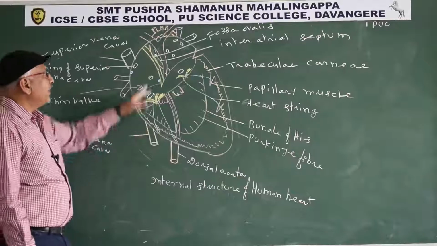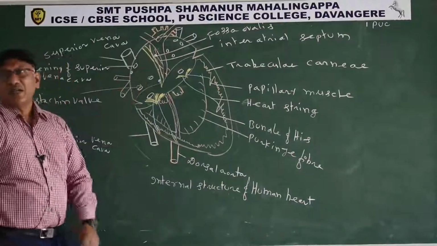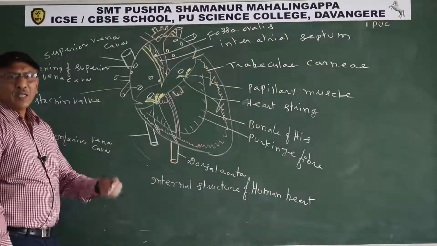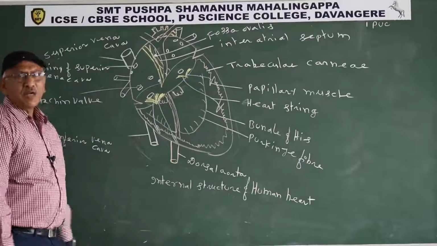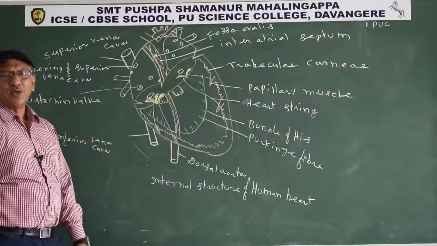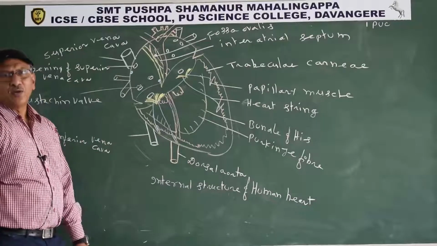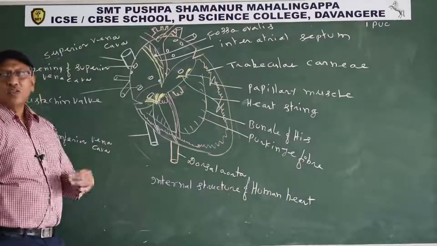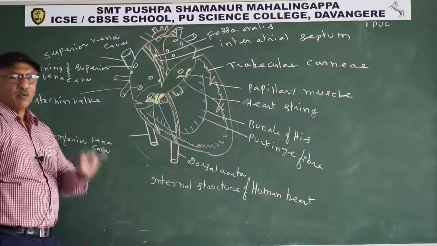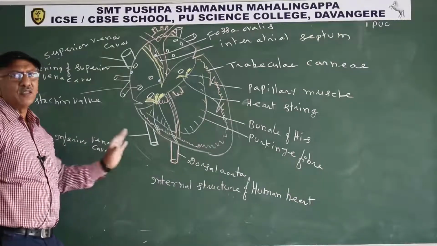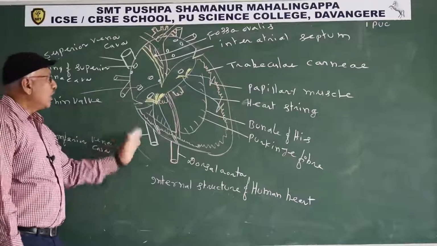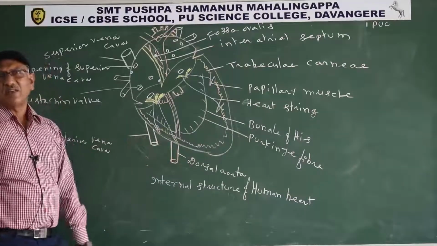In the embryonic stage, the Eustachian valve is functional. At that time the inferior vena cava releases the blood into the left atrium. So in the embryonic stage, the left atrium contains mixed blood. Embryo means only the first 2 months of human development. From the 3rd month before delivery is known as fetus.